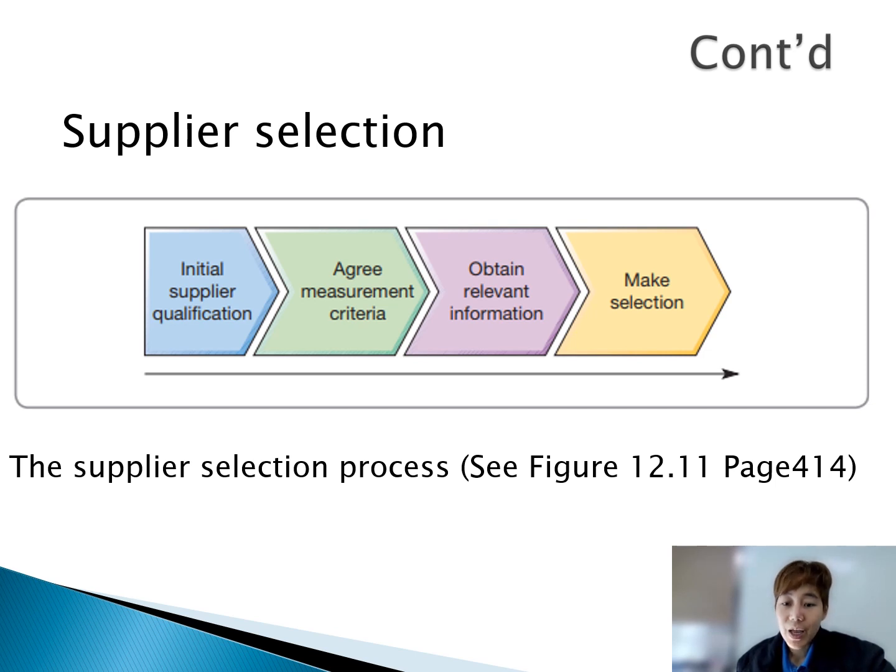Okay, because in the last process you have to make the selection of who is the best supplier, or maybe the best suppliers. You can select one or two. Okay, because previously we don't need to have only one sourcing, right? We can do it in parallel, we can have multiple, something like that.